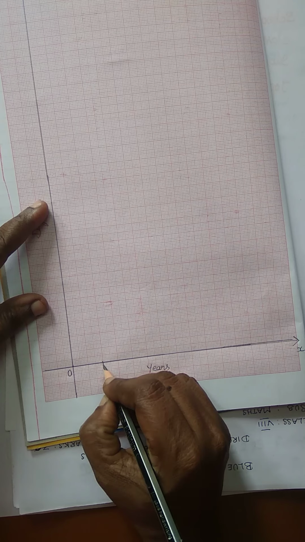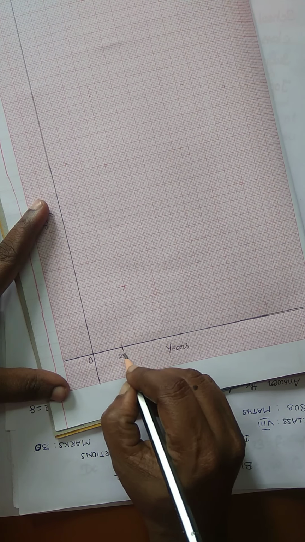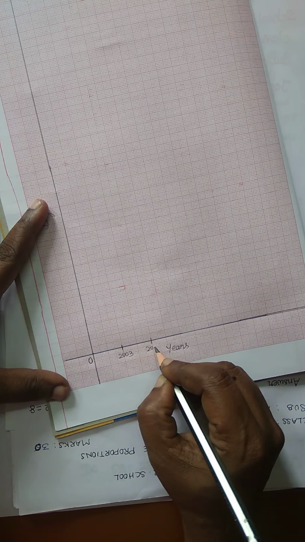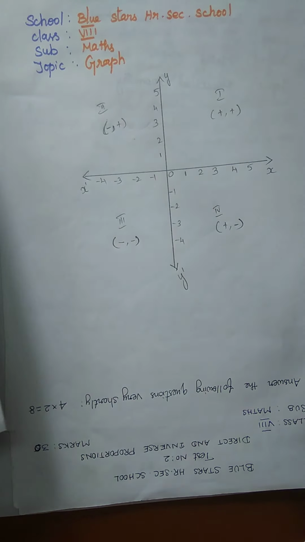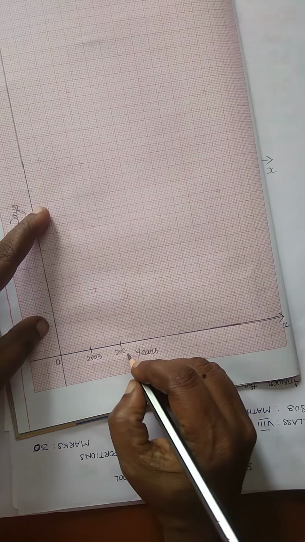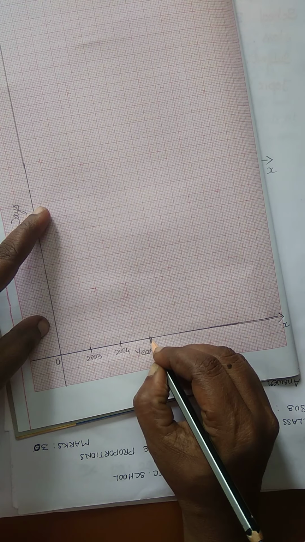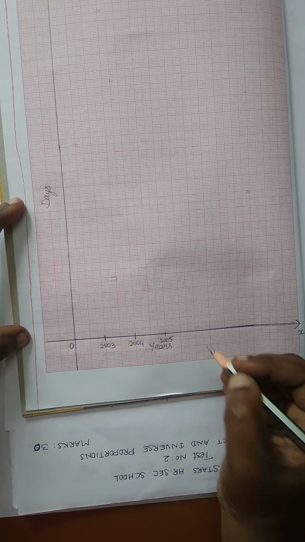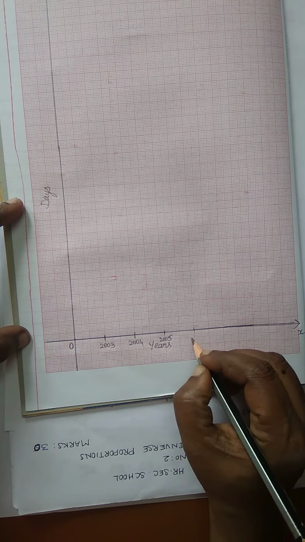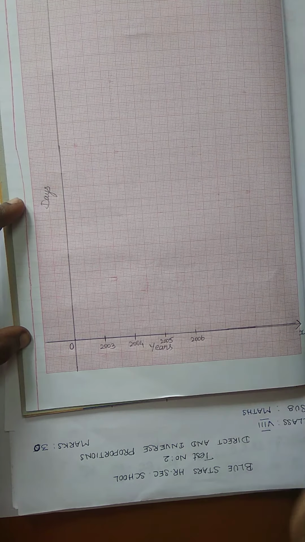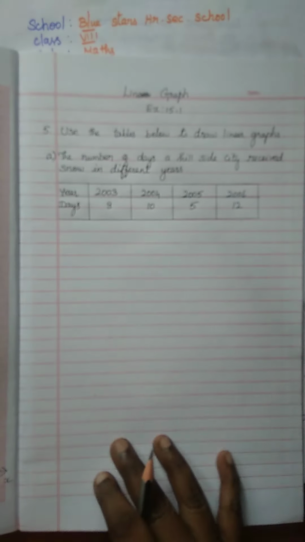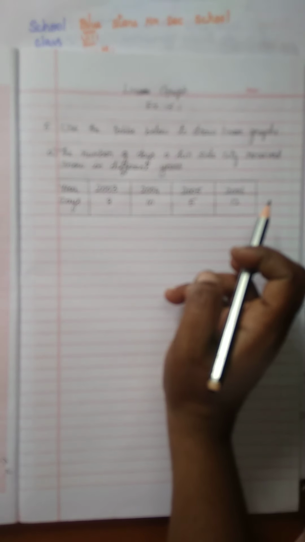Now I am marking here 2003. Leave two boxes. Now write 2004, then another two boxes, 2005, next 2006. So that's all on the x-axis. Only the years given in the question are marked.